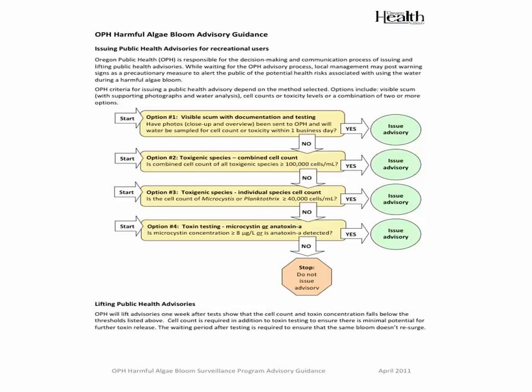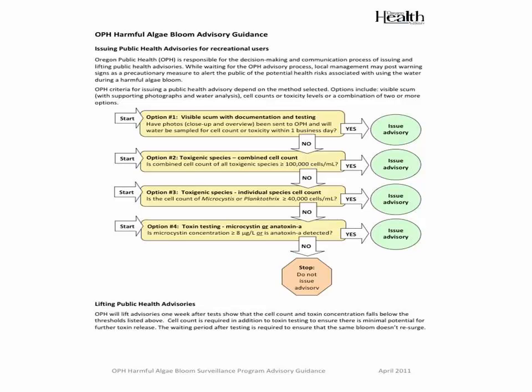Then toxigenic species, individual species. This would be combined cell counts of everything that's in there. And for individual species, for example, the more probable toxigenic ones like Microcystis or Planktothrix, you only need 40,000 cells per mL to issue the advisory. And then the other option, toxin testing.